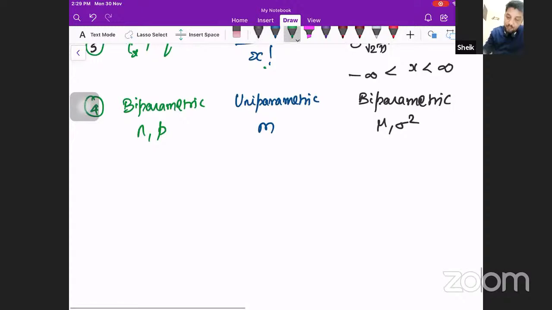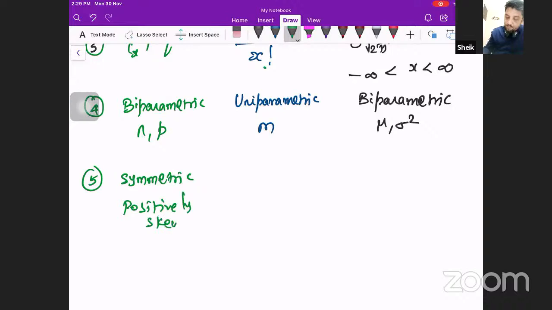Fine. Now, see this one. Binomial distribution can be symmetric, can be positively skewed, can be negatively skewed.